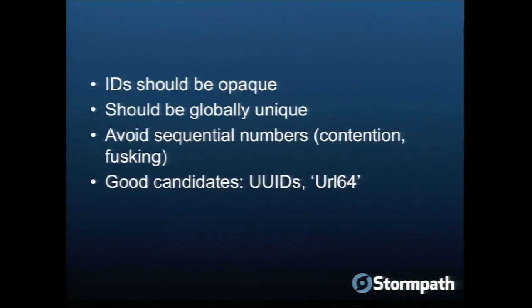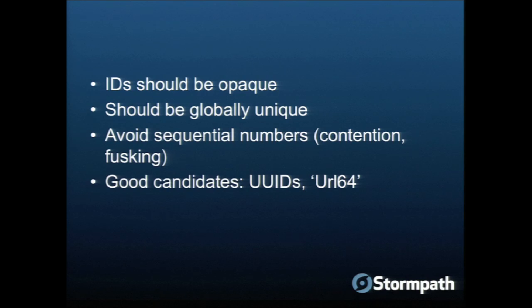IDs, I had mentioned before, they should be opaque. They should be globally unique. As you move to more NoSQL types of systems these days, where you can have globally unique identifiers, time-based UUIDs are a good technique. Anything that can be globally unique. We recommend that you avoid sequential numbers.